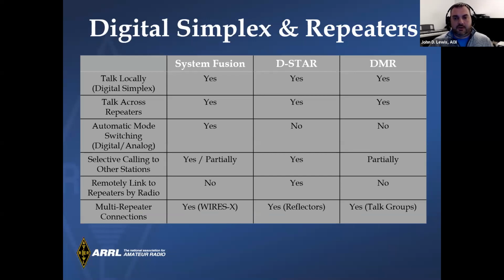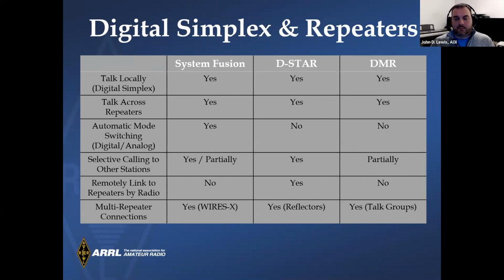You can turn it on, and there you go. D-Star, yes, it does Simplex, no problem. DMR also does, no problem. With D-Star and DMR, you kind of have to supply a little more information to your radio in order to do that. And with DMR, you have to pick a talk group. We'll talk about talk groups later, but yes, you can do all that.